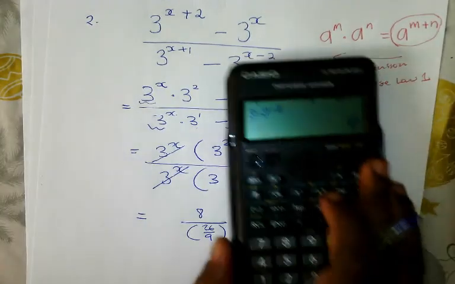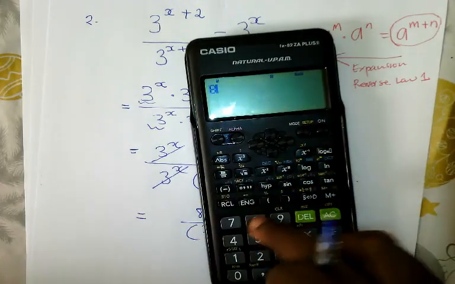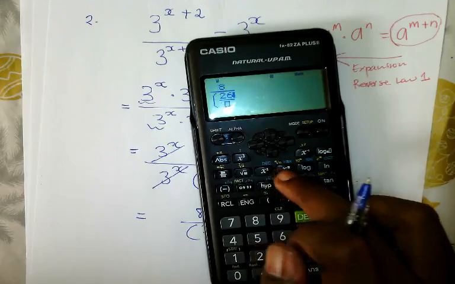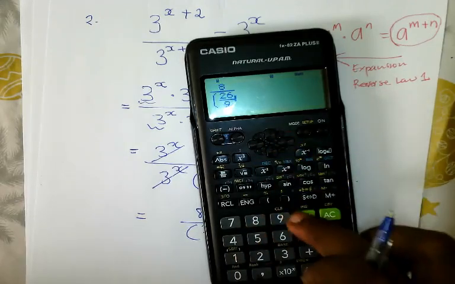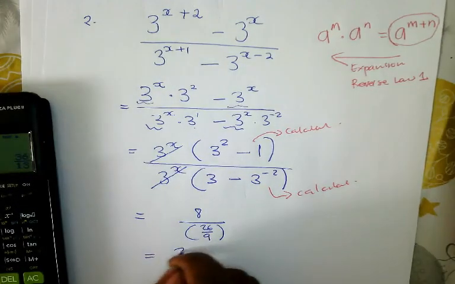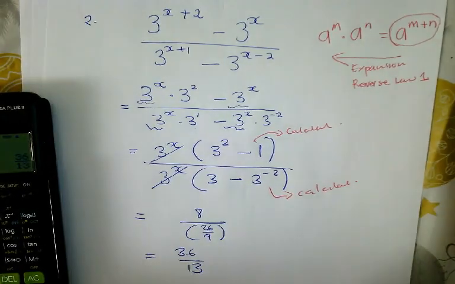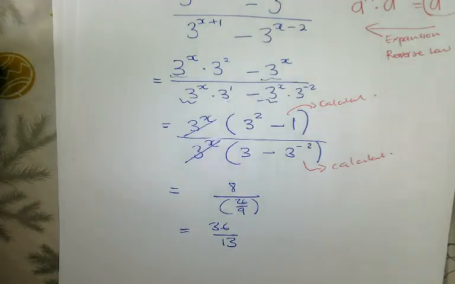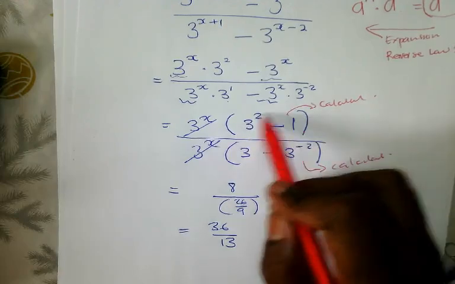8 over 26 over 9, which is 36 over 13. So you won't lose marks as long as you make sure that you show all the steps. So you show that this numerator part, that's the answer, this part is here.